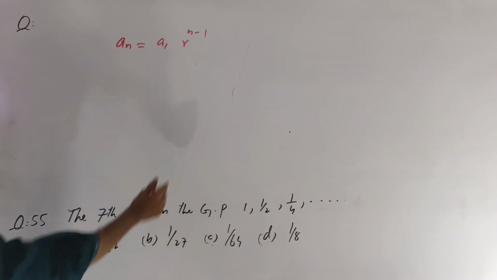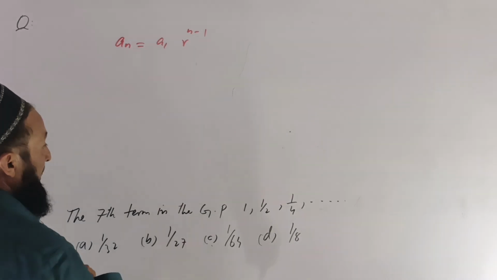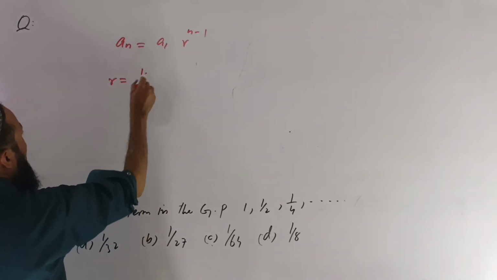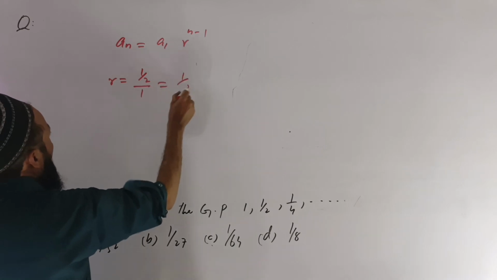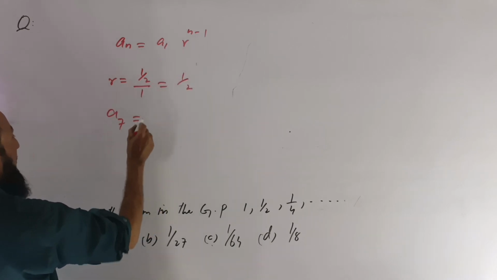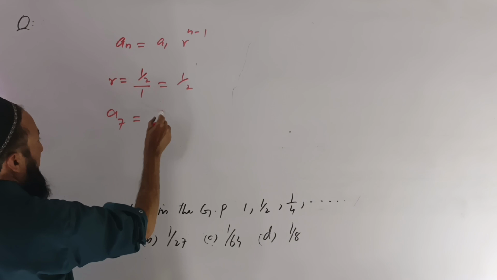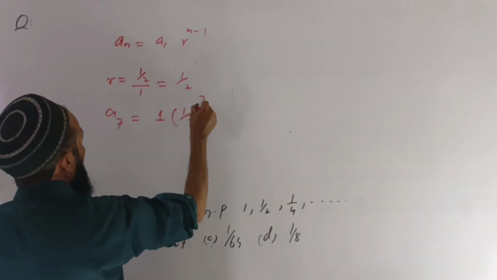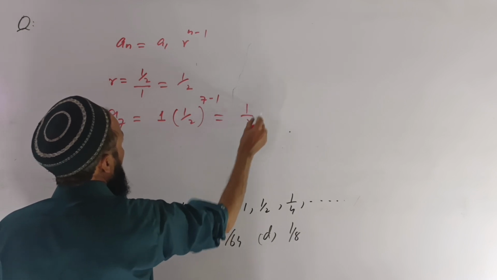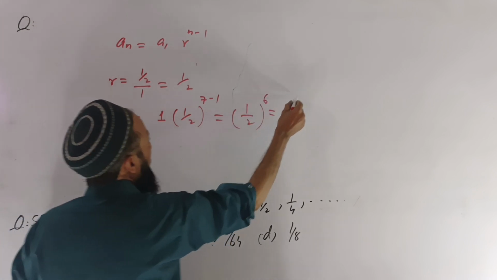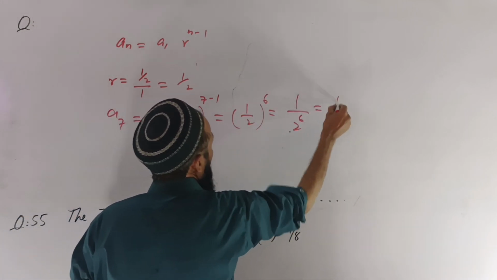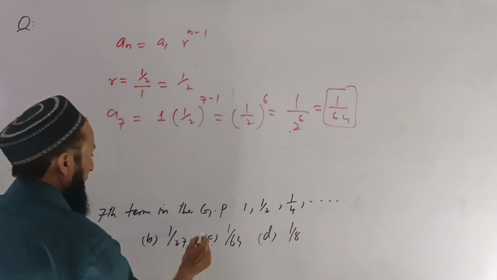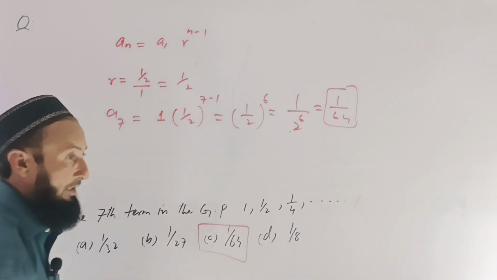First of all, r is given as 1 divided by 2, and the first term a1 is 1. So the 7th term is 1 times (1 by 2) to the power 7 minus 1, which is (1 by 2) to the power 6, equal to 1 over 64. You check the answer here: C is the correct option.